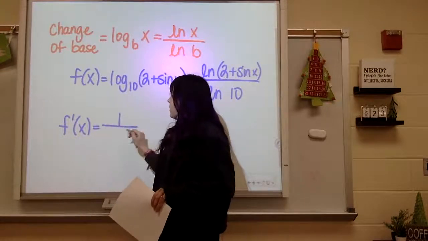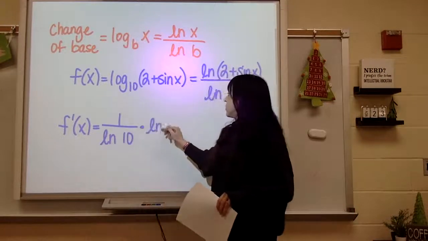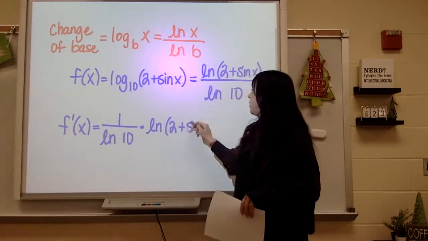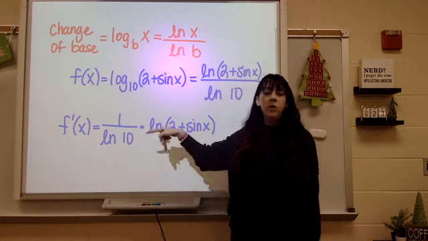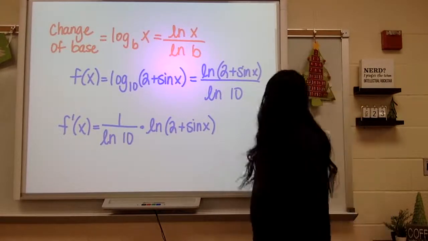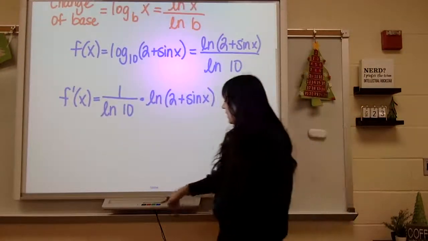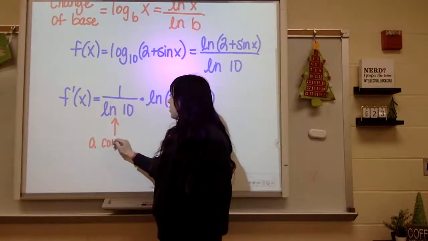If you think about it like a multiplication problem, which is what I'm going to do, I could separate this and call it 1 over ln of 10 times ln of 2 plus sine x. Well, why would I do that? Well, 1 over ln of 10 is really just a constant value.